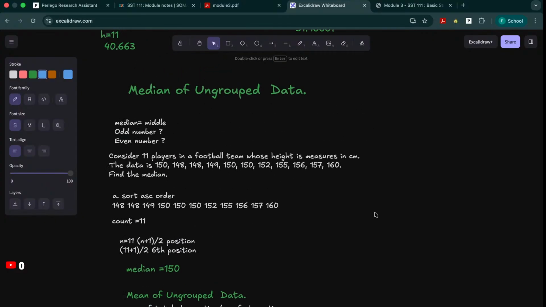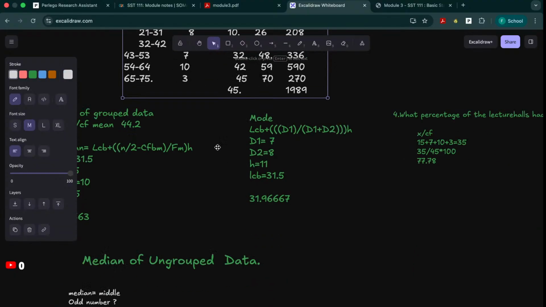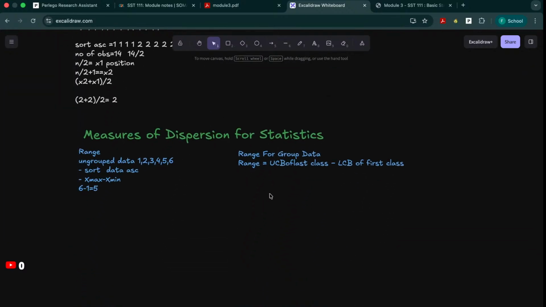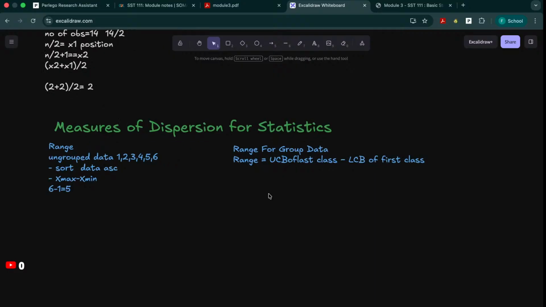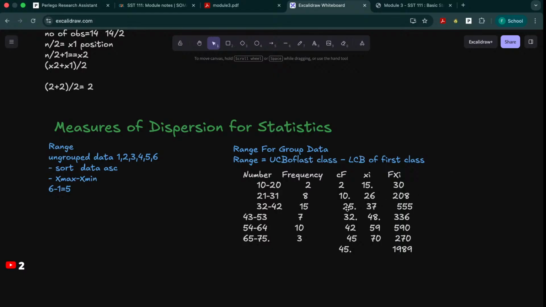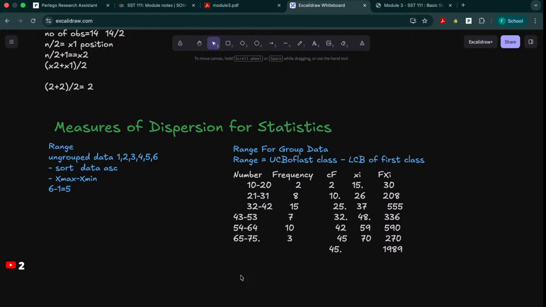Let me check for an example and we try it here. Let's copy this and paste it here. So this is our data set. Now doing range is also simple.